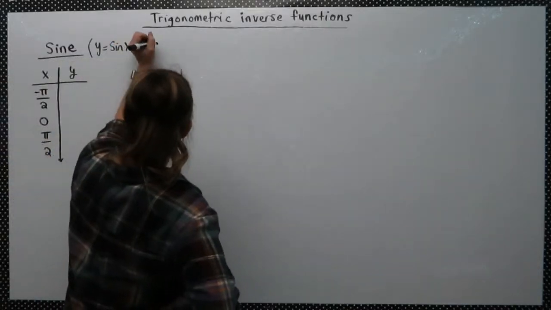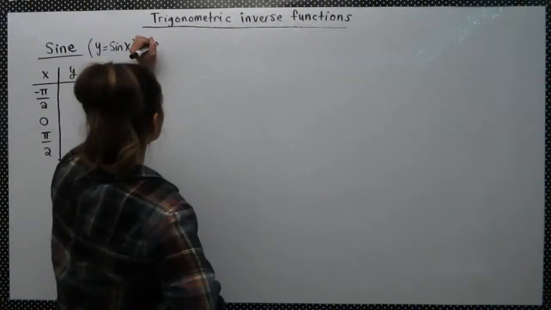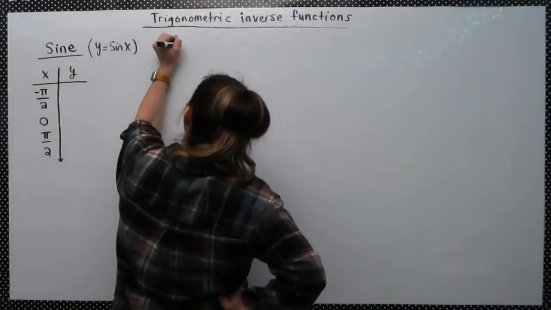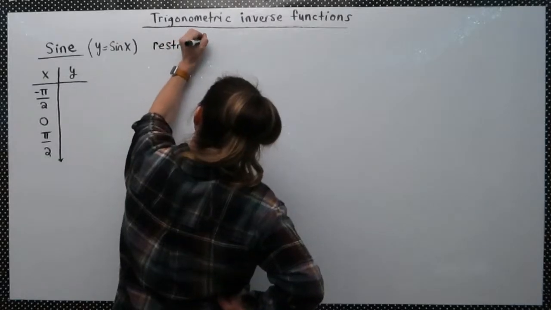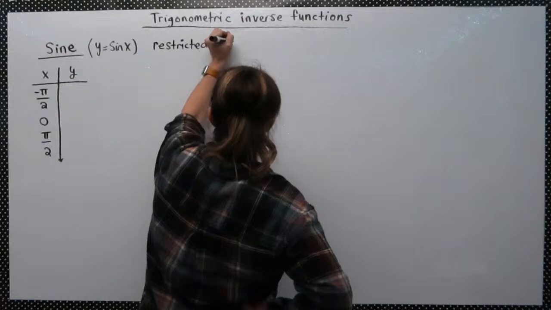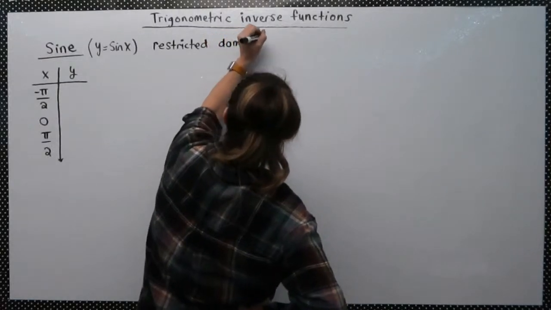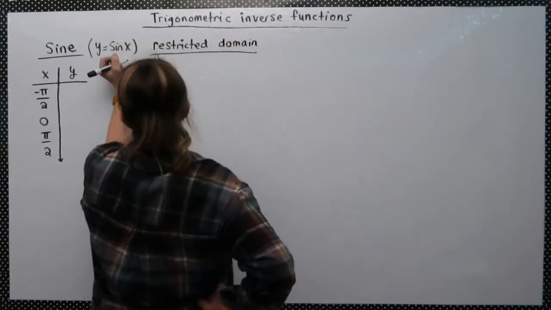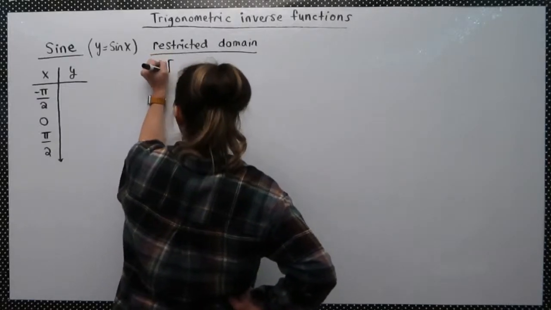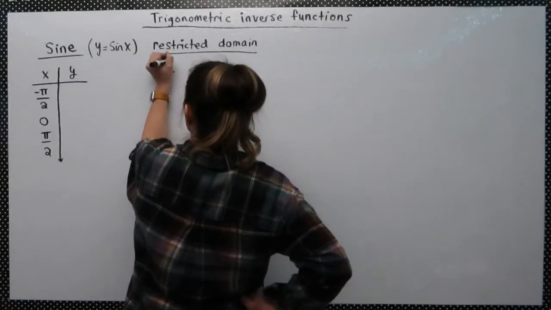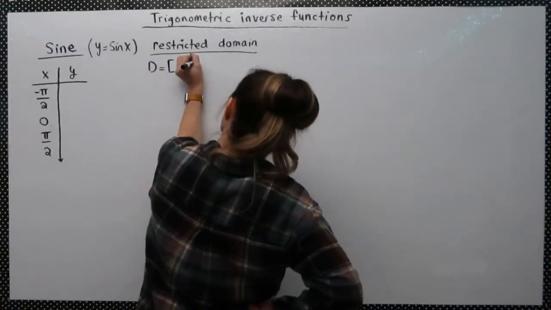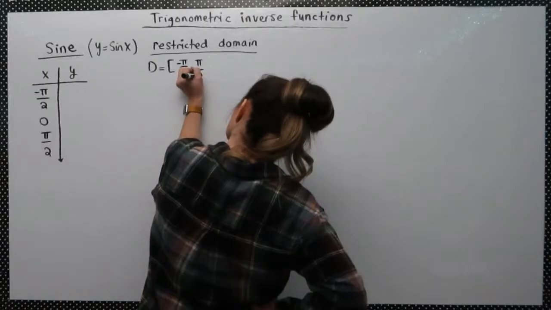I spelled restricted wrong; I noticed that at the end. We gave it the domain restriction, and we have to include those points, so it's a bracket. We're taking it from negative pi over 2 to pi over 2 in interval notation.